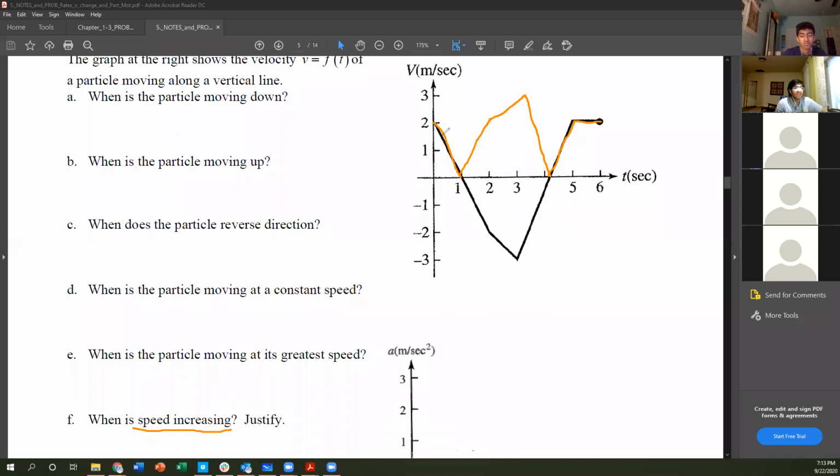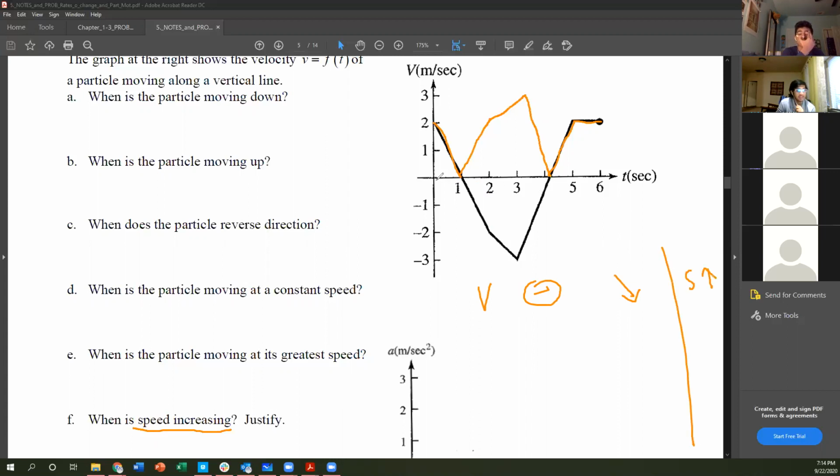So the speed is increasing anytime the slope is positive when I do this. You have to do this, because otherwise this looks like the slope is decreasing. Yes, the slope is decreasing, but that's for velocity, not for speed, because velocity accounts for direction also. So if you just look at velocity and not speed, when velocity is negative and decreasing, then speed is increasing.